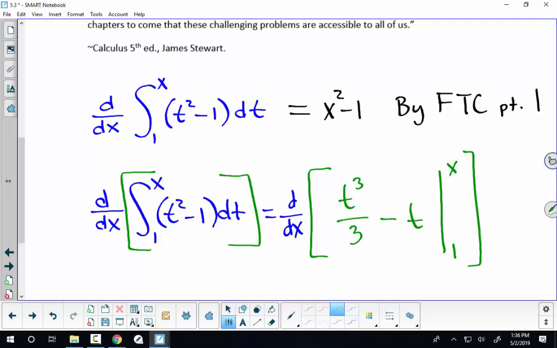Remember, the variable of integration was t, so the bounds of integration are for t as well. So this is from a value of t equal 1 to a value of t equal to x. Now we're just going to plug in these upper and lower bounds for t cubed over 3 minus t.